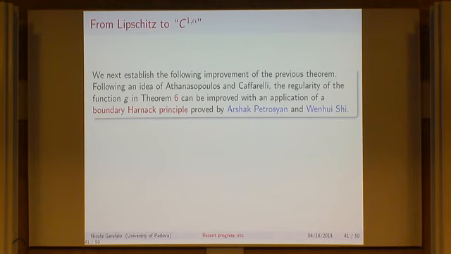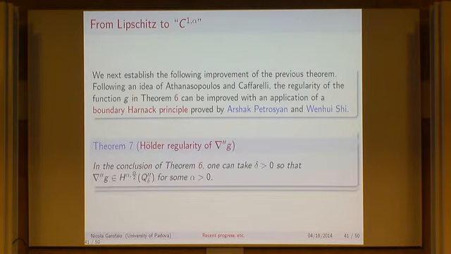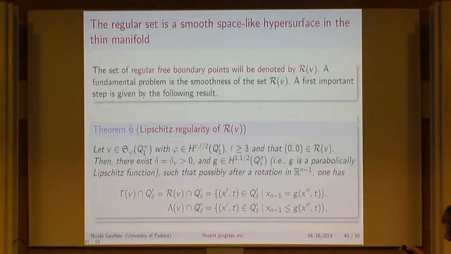We combine it to prove the Hölder regularity of the spatial gradient of the function g in the previous theorem. So if we go back for a second to the previous theorem, we know that at a regular free boundary point, this function g, which describes the free boundary, is C^{1,alpha} in the thin manifold.